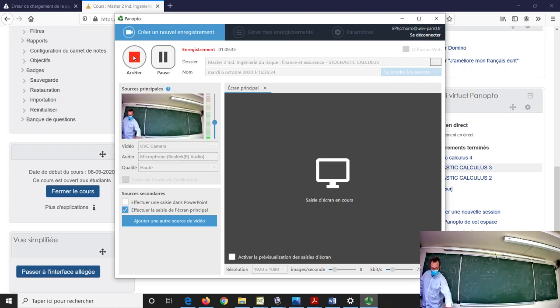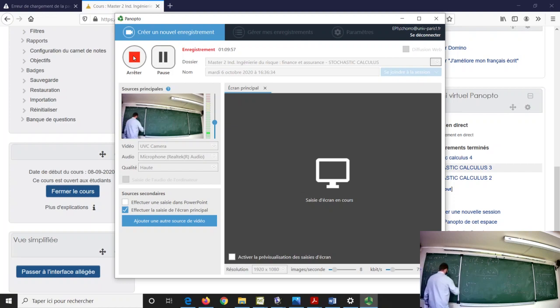So I state the theorem that I will admit. I don't even have the proof in my lecture notes because I would need more and more on martingales in order to be able to do it. Maybe you have a reference somewhere at the end of the chapter, but whatever, it's not necessary for my course. So may I erase everything?